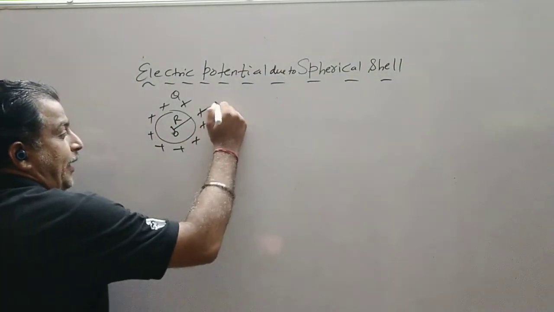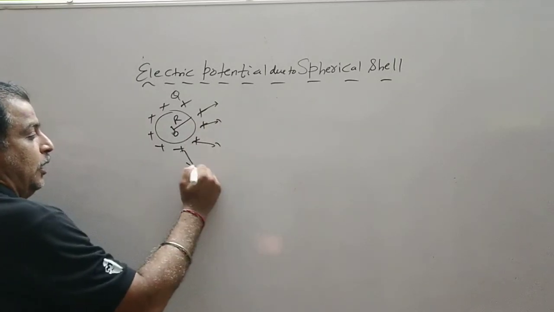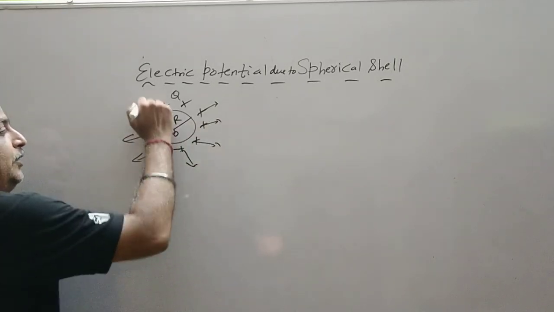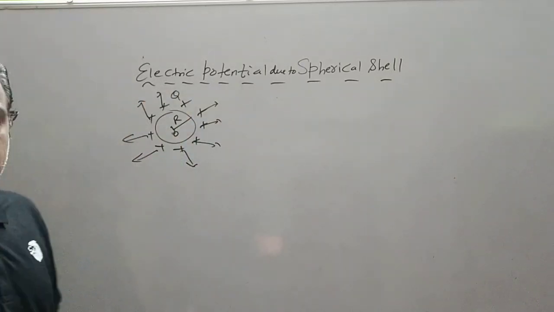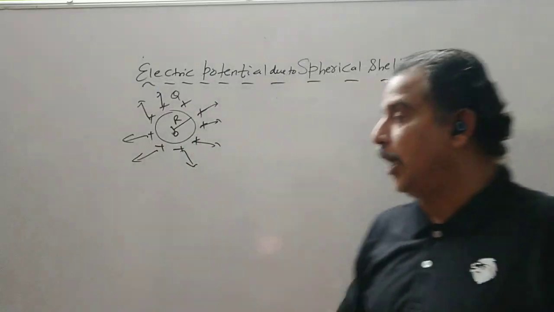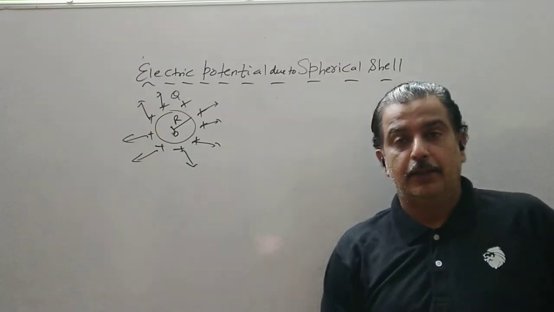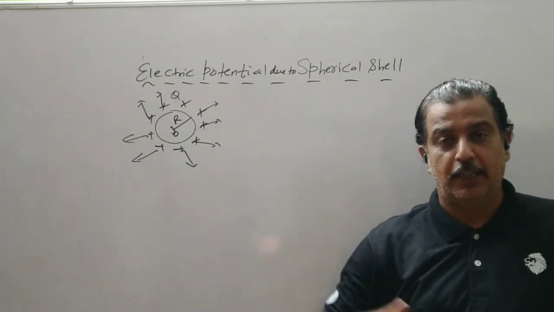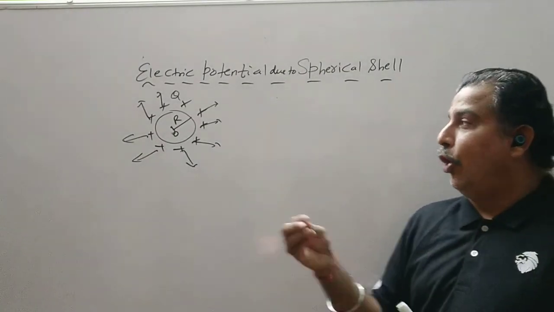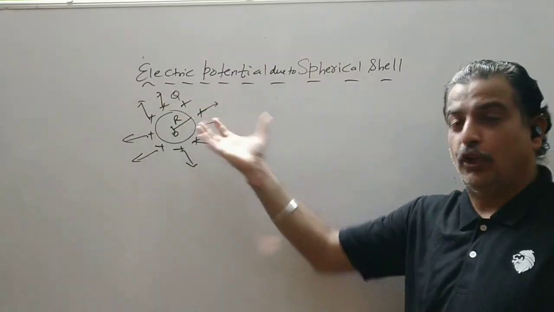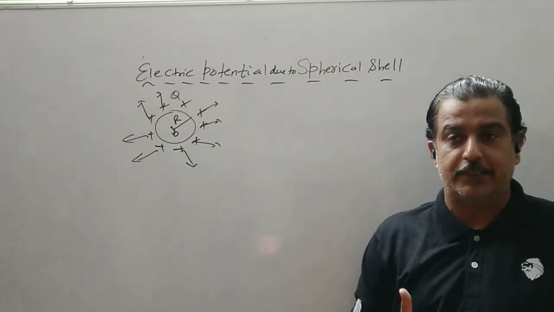The field lines are radially outward. So potential means you have to bring a test charge, a unit positive charge, from infinity to a point in the field. Now this point may be outside the spherical shell or inside or on the surface. Again we have three cases.